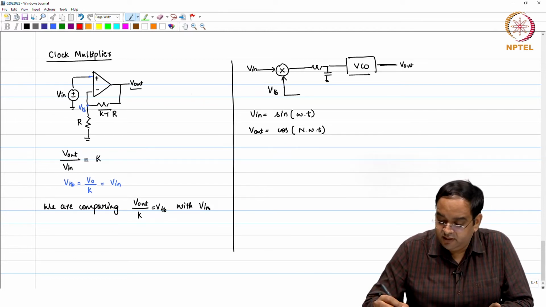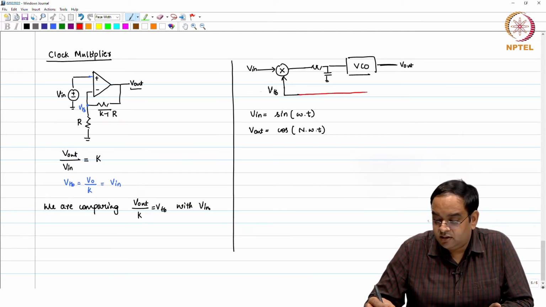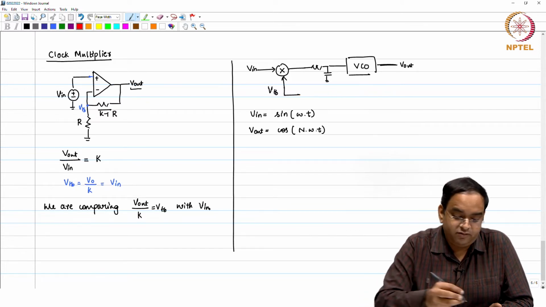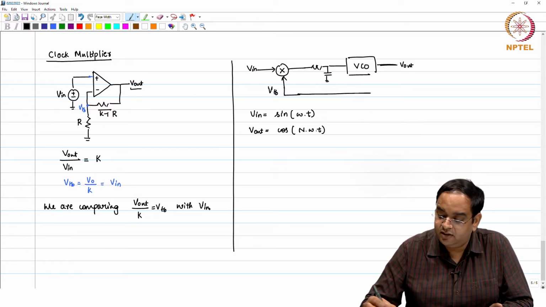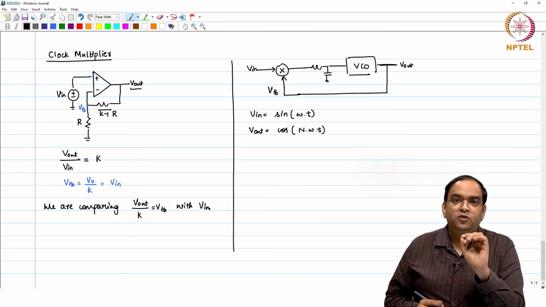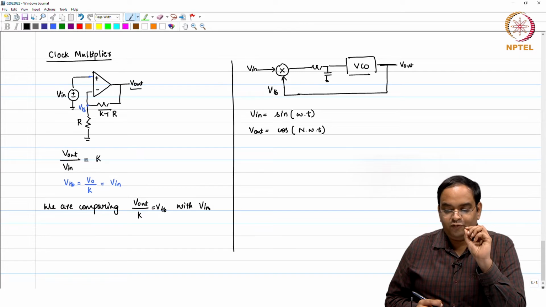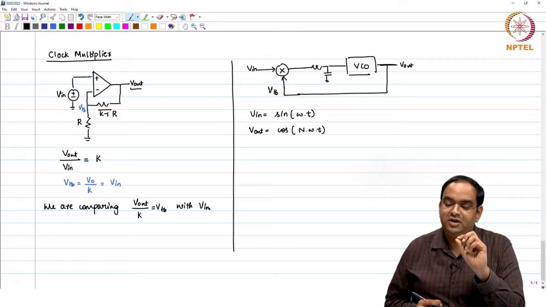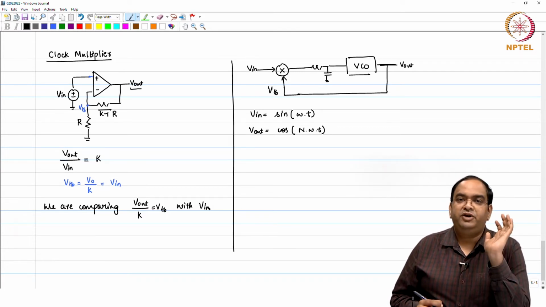If I connect it like this, the way we have been connecting it, we have seen that the loop is going to force your output frequency to be equal to the input frequency, because that is what the loop will do.